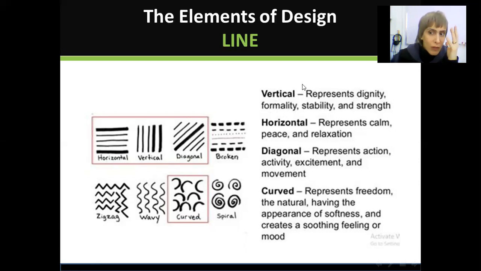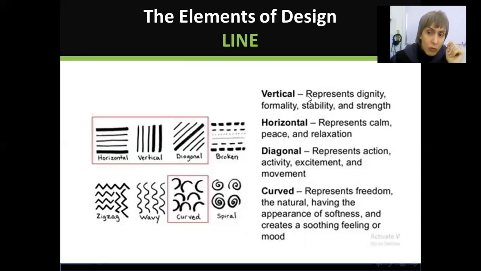They are not always very clear. When you see a vertical line, you don't immediately know what you are thinking, like, oh, I think it's a stable line. But you as a designer have to be able to extract this from your brain. Any person who is not a designer is not required to know what they feel.